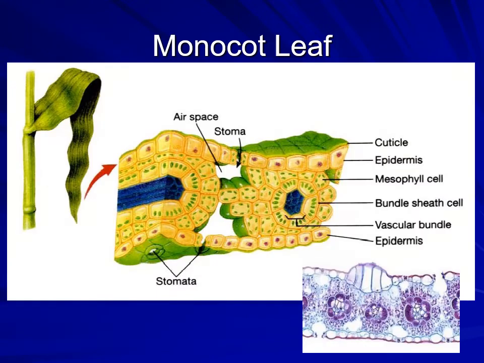Okay? Monocot leaves are pretty much identical except stomata are on both sides, and there are no palisade cells. And they have the addition of bulliform cells. Those are the key anatomical differences that we're going to be exploring as far as monocots and dicots are concerned.